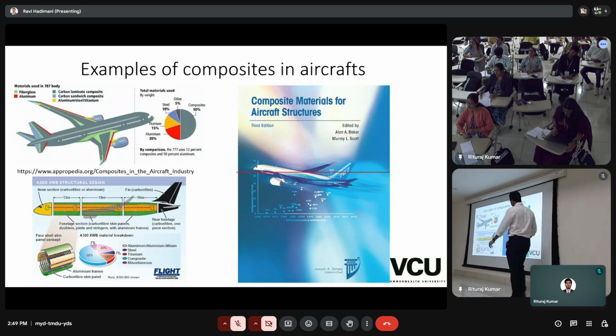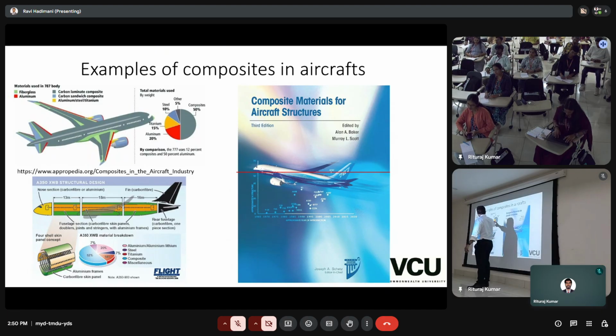So here is the 787 body, Boeing 787. It's a large aircraft. And you can see that 50% of its body is made of composite. All this is composite.